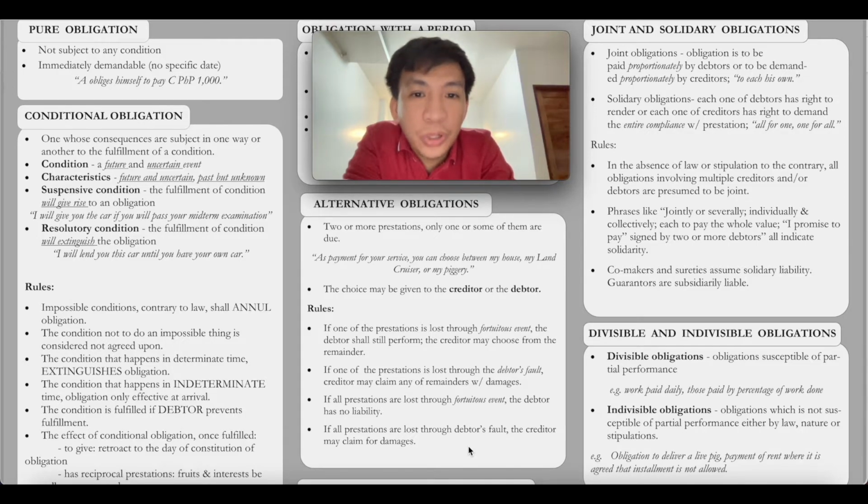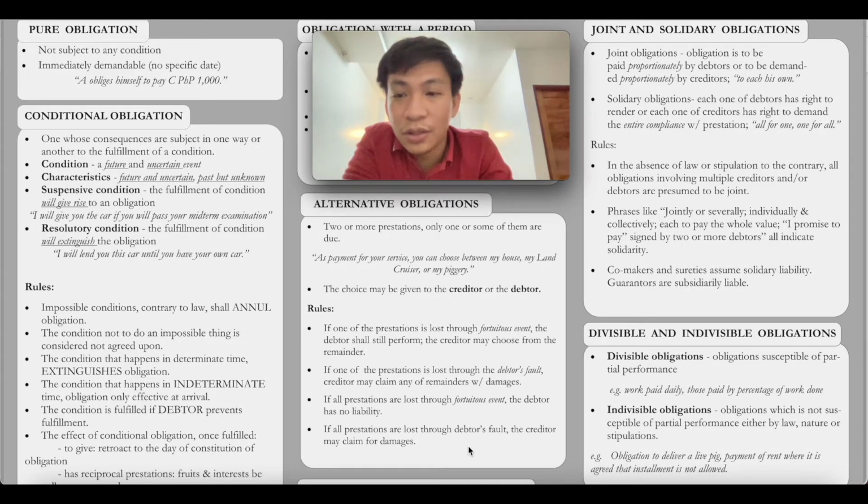Kumbaga, umutang kayong pareho. Kahit naman in reality, wala kang natanggap na portion ng inutang, pero ang assumption is you are both liable for that amount. At pwedeng singilin ang kahit isa lang sa inyo nung buong amount kasi hindi siya joint, it is solidary. Okay?